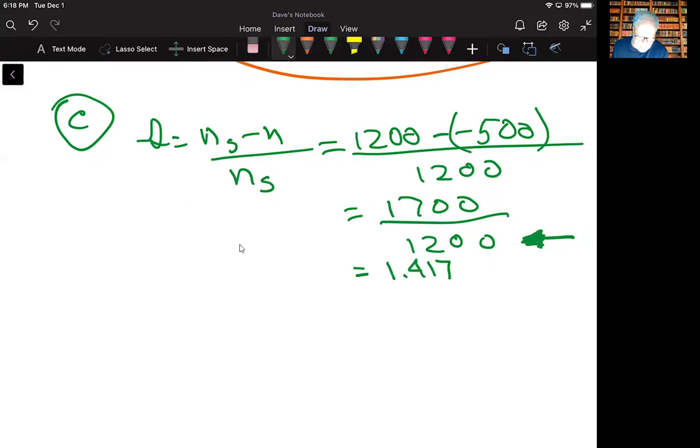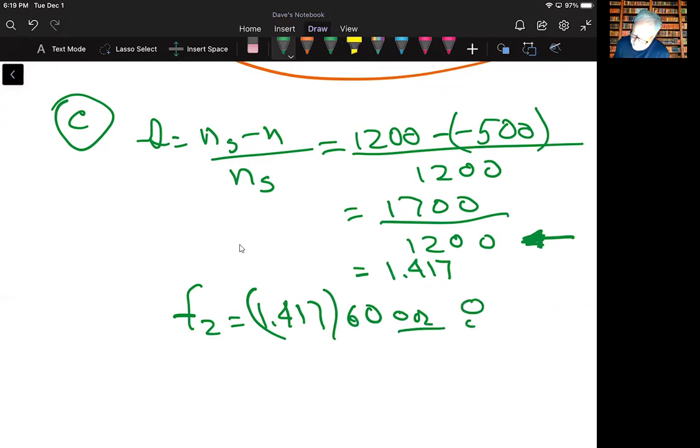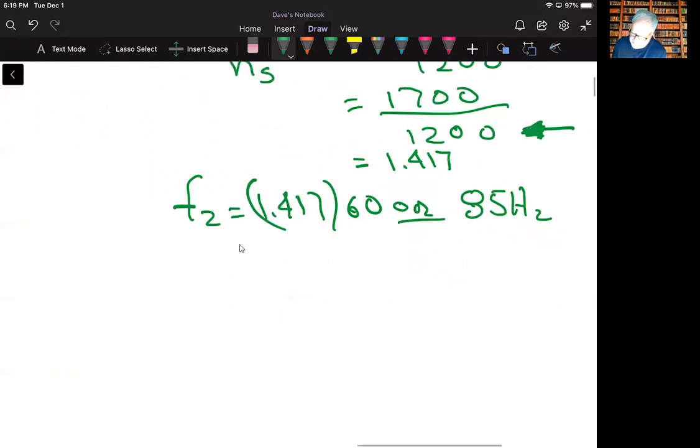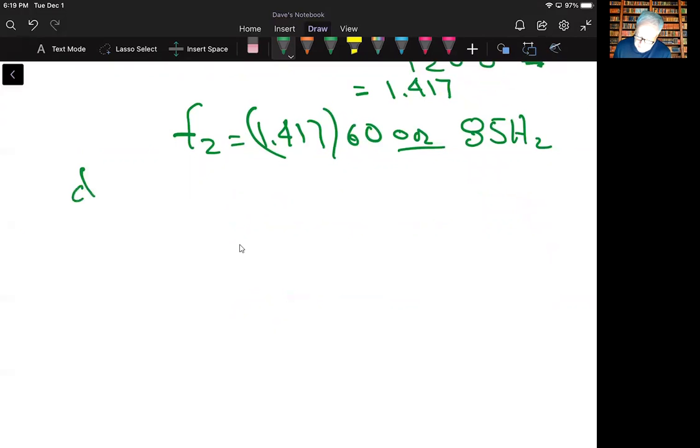We'll go into terms like dynamic braking later, but the motor going in the opposite direction is actually causing the motor to work as a brake. And the frequency that would be applied here would be 1.147 times 60, or 85 hertz.